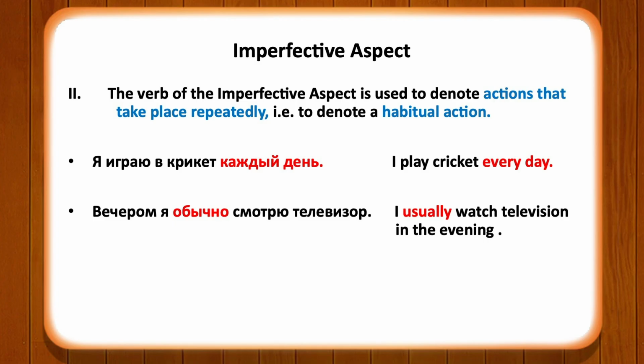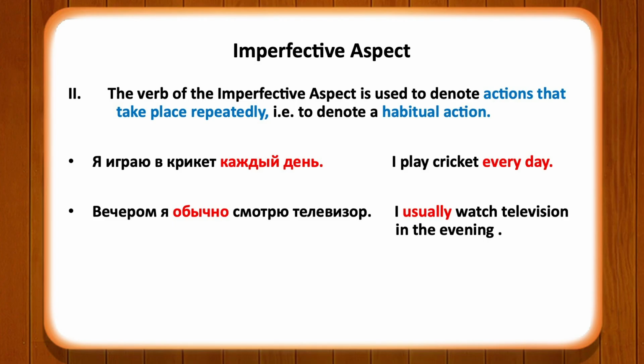Here in this sentence, the word обычно means often. The word itself indicates that the action is taking place repeatedly. So вечером я обычно смотрю телевизор.